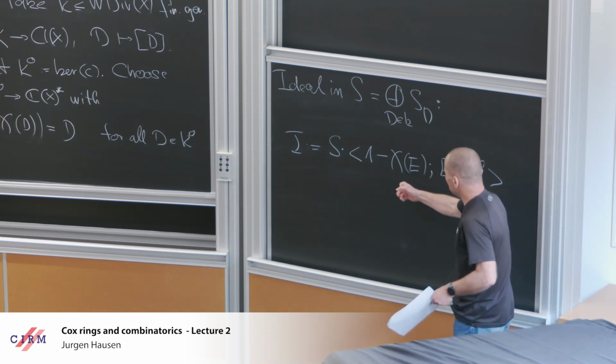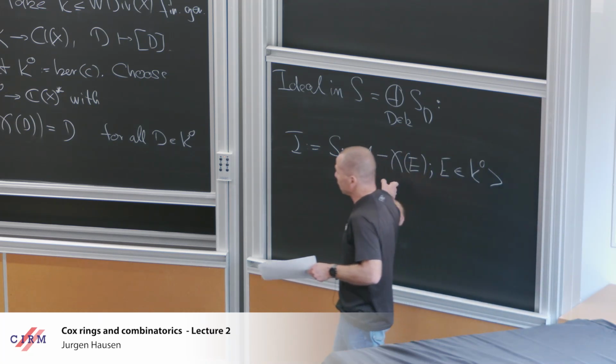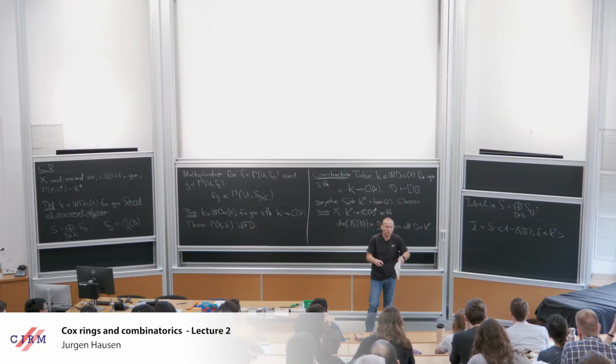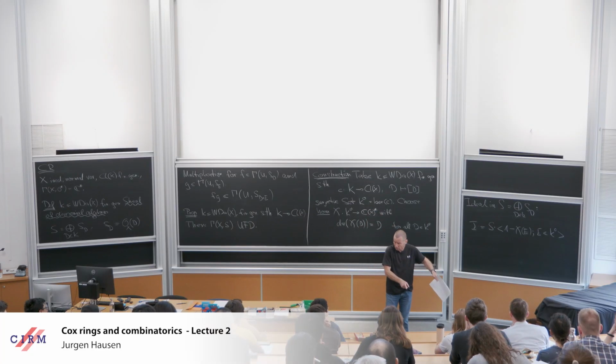And now I have to say, okay, chi of E is a rational function. I have still to specify in which degree of my S it lives.